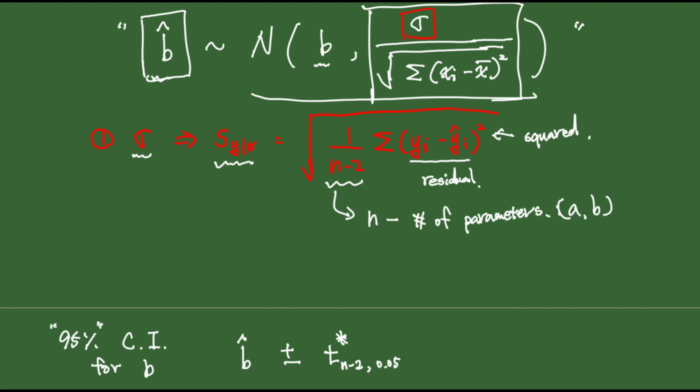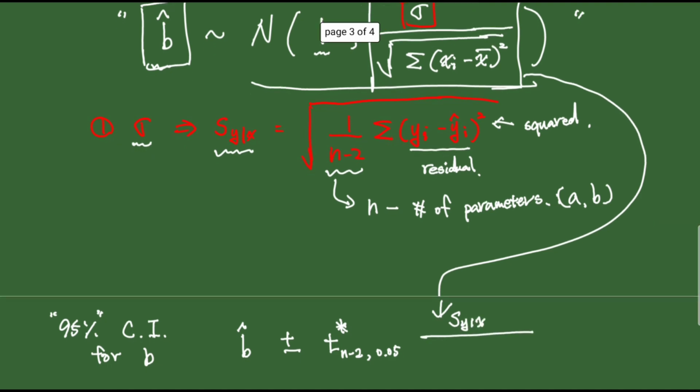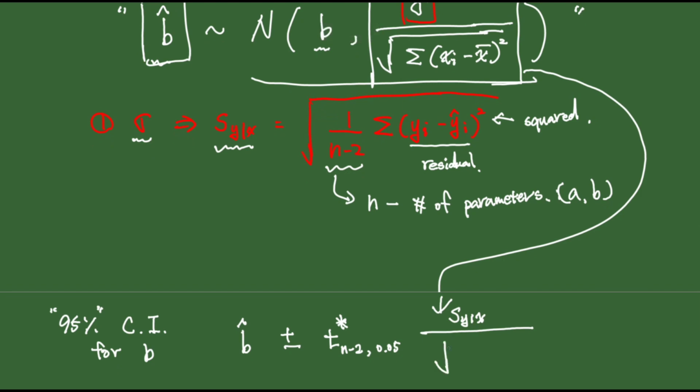Then I put in the replacement for sigma, S y given x, divided by the square root of the summation of xi minus x bar squared.